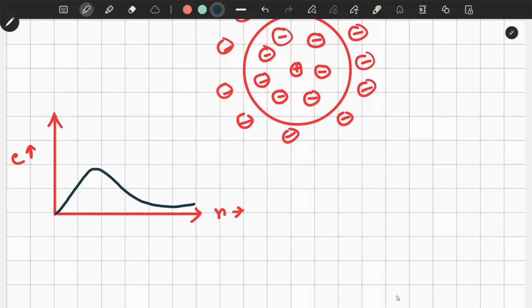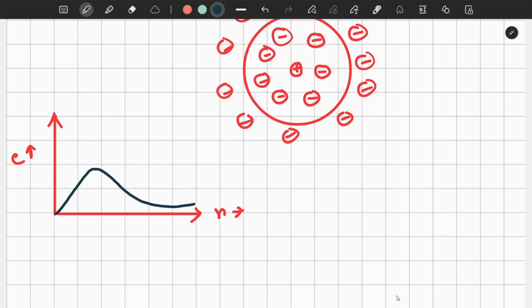Have you seen this kind of distribution before?